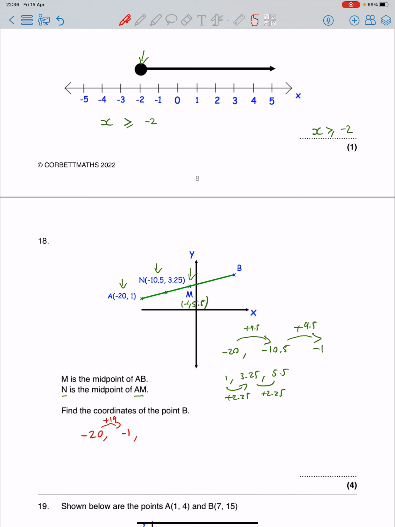Okay, and then we're going to do the jump again, so plus 19, and that's going to give 18. So we know the x-coordinate of B is equal to 18.